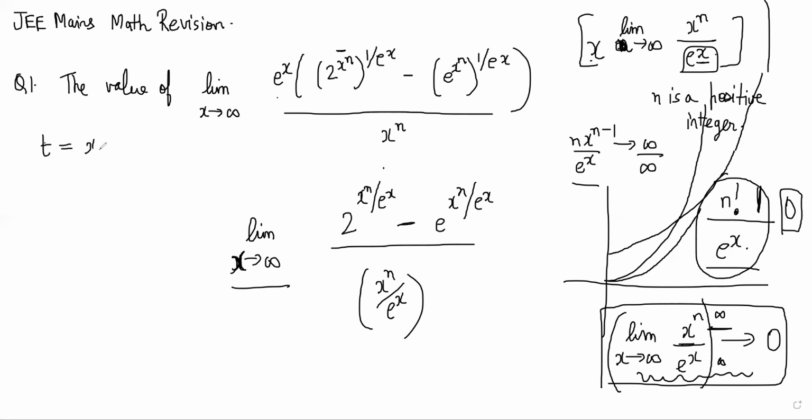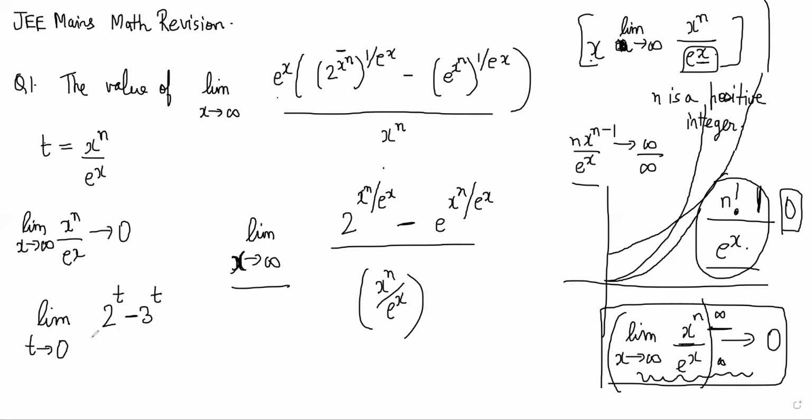Your t can become x power n by e power x. You can say limit x tends to infinity, x power n by e power x tends to 0. So therefore, this whole thing becomes limit t tends to 0 of 2 power t minus 3 power t by t.